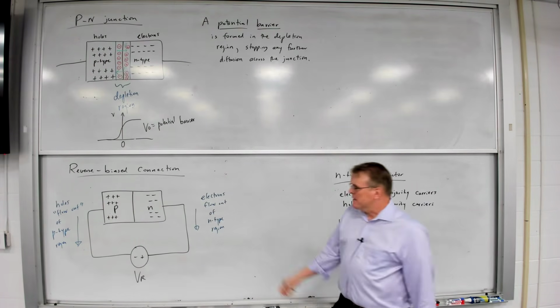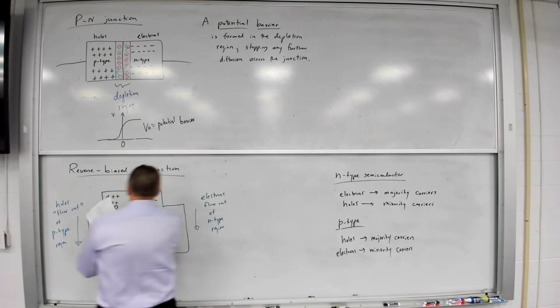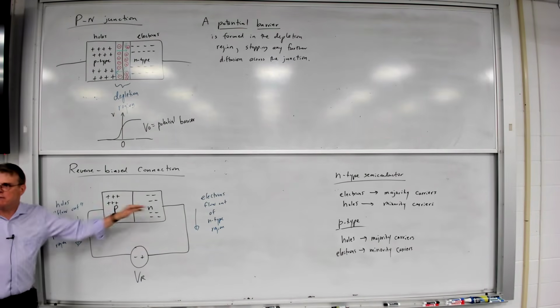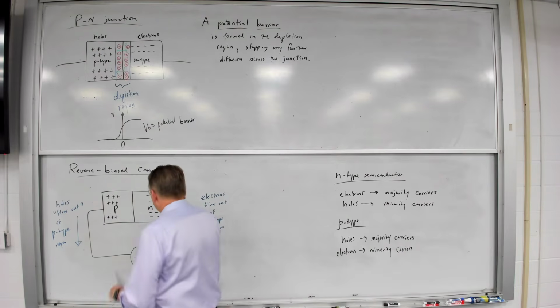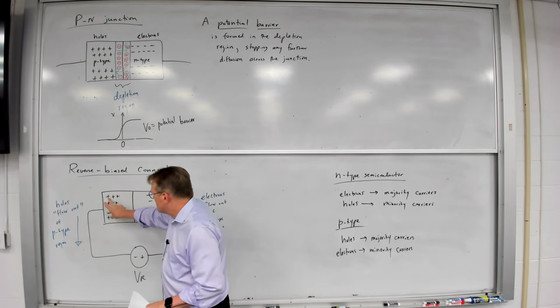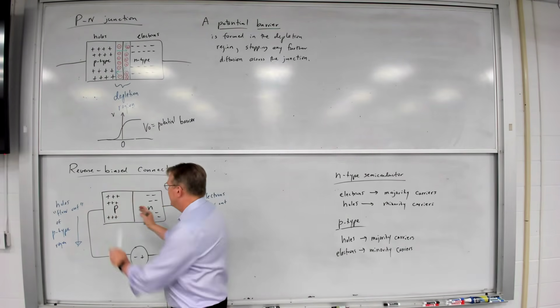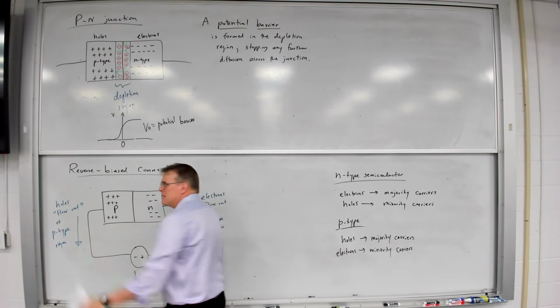Now, as that happens, as I lose carriers on both sides, as they flow out, as the net positive charge decreases in the p-type region, the depletion region is going to grow.